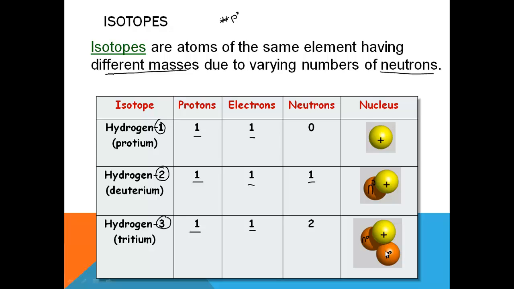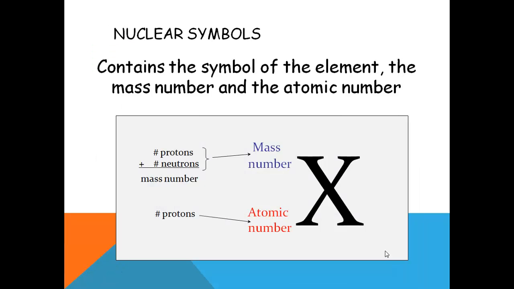Okay, so that's isotopes. The last thing we need to talk about are nuclear symbols, which are also called nuclide symbols. You might see it 2 ways, nuclear symbols or nuclide symbols. This is the element symbol, and then we write the mass number and the atomic number next to it. For those 3 isotopes of hydrogen, we would write the symbol for hydrogen, H, and for hydrogen-1, the mass number is 1 and the atomic number is 1.